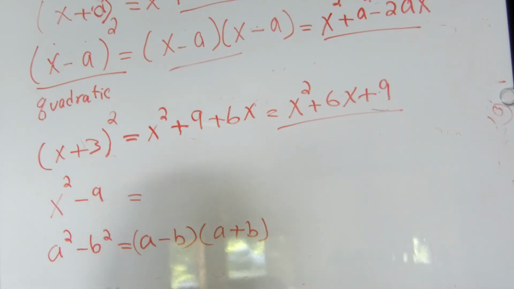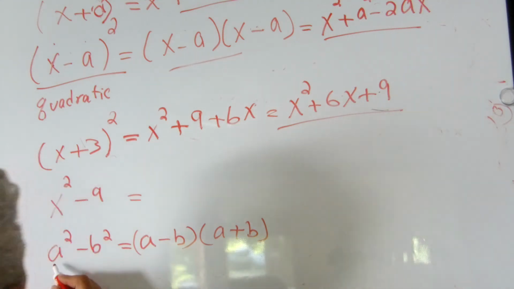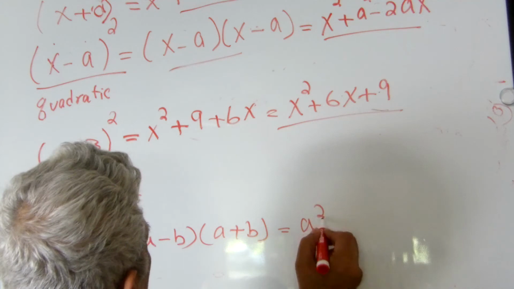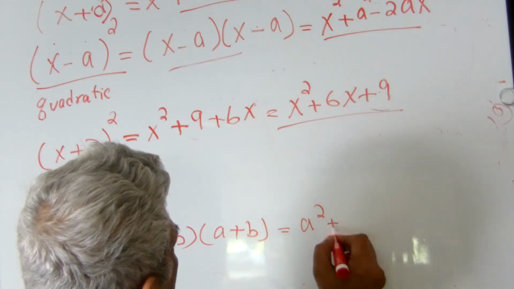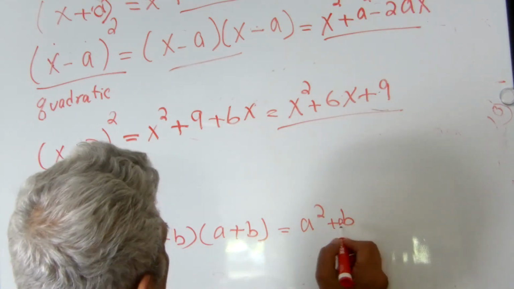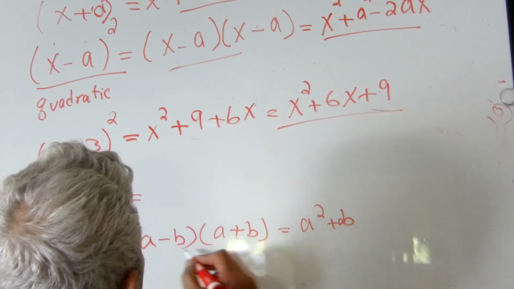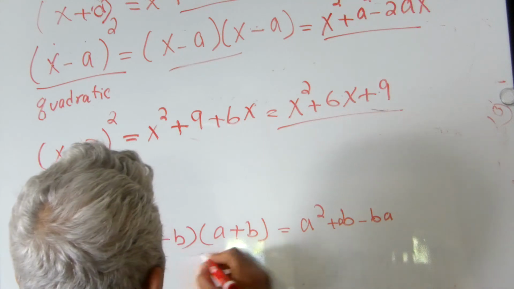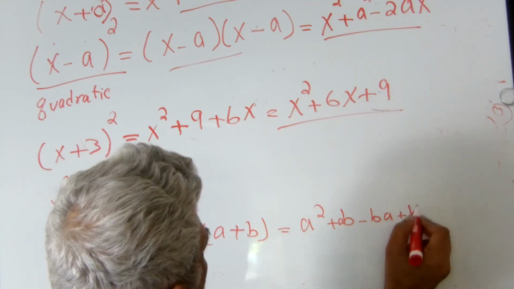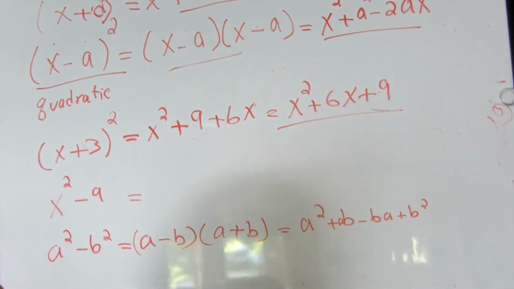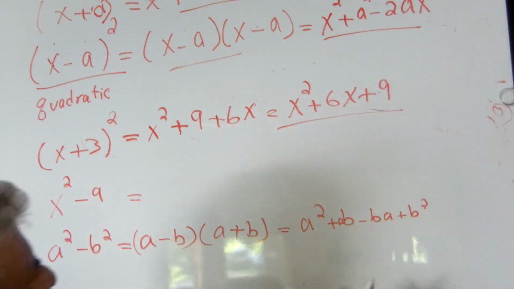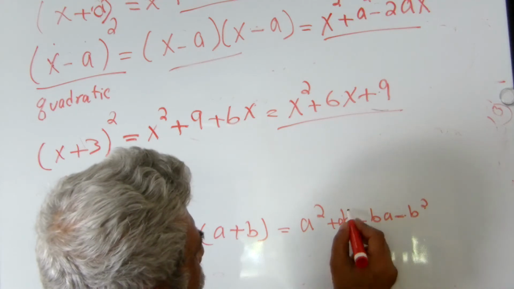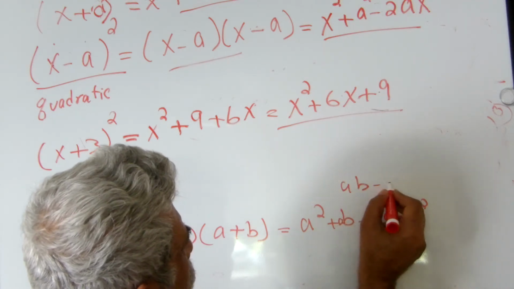So if we multiply this, we are going to get this. Let's do it. A squared plus AB, minus BA, minus B times minus B, which is plus B squared.